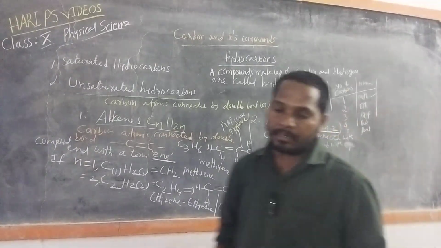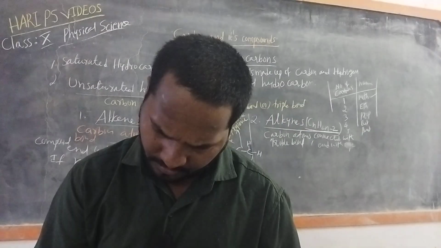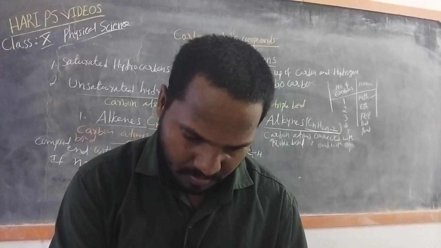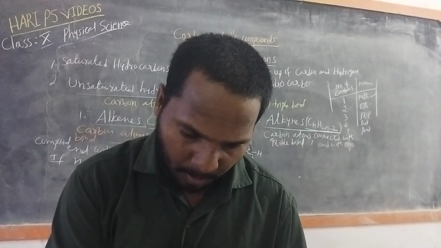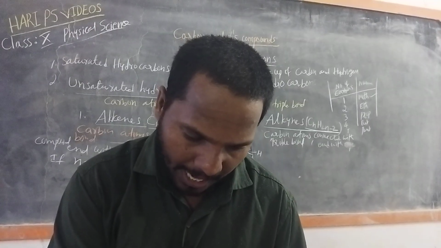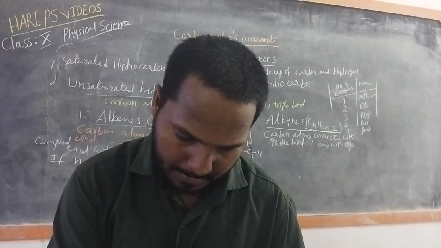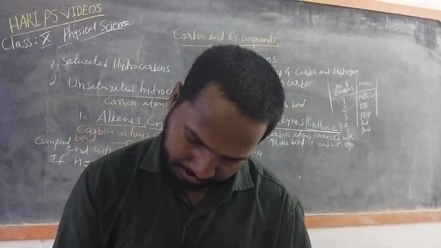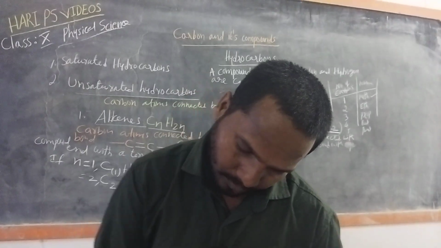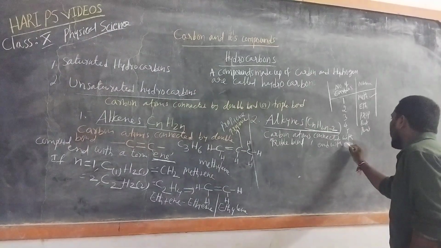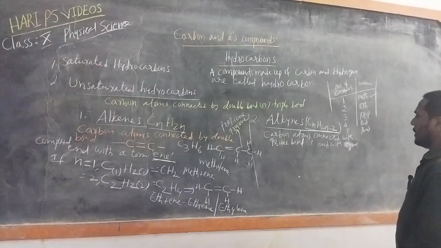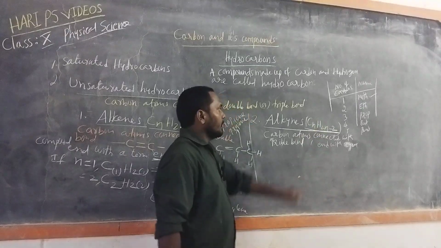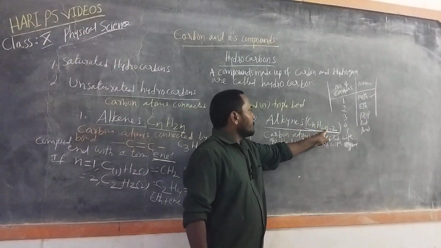End with ine. So from the general formula, if n is equal to 1, 2 minus 2 is zero.